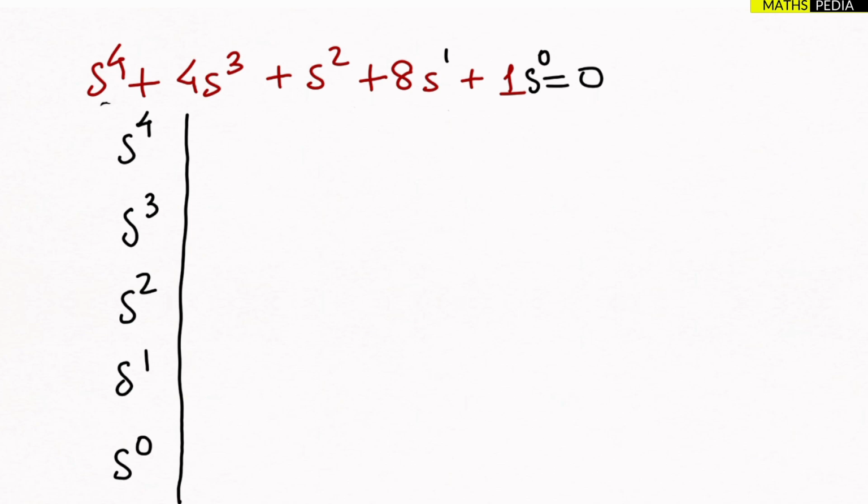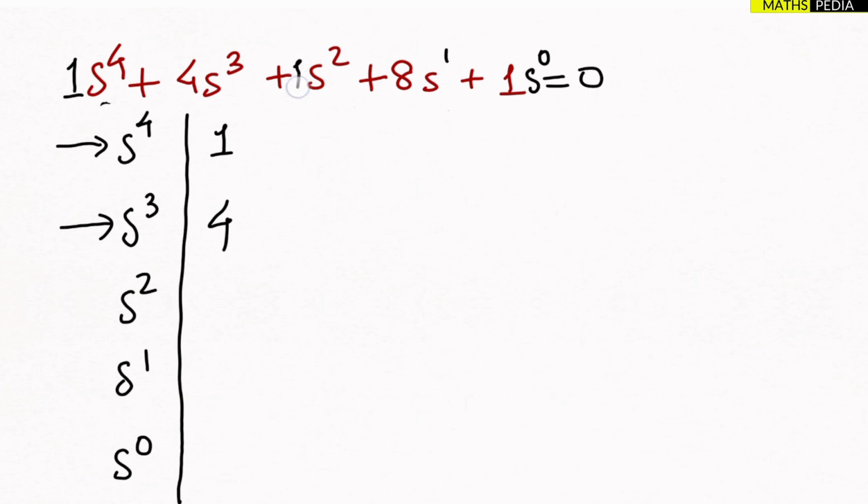Always remember, first we have to form only the first two rows. Only the first two rows we have to fill up, always with the coefficients of the given equation. Now the coefficient of s power 4 is 1. Just put it beside s power 4. The next coefficient should come beside s power 3, that will be down.